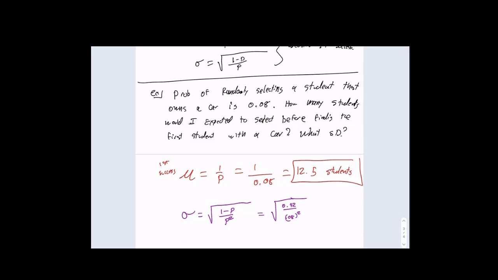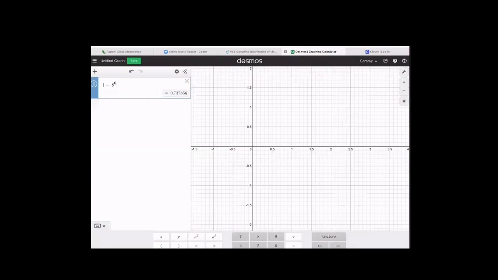You just plug it into the formula. So square root of 0.92 divided by 0.08 squared.